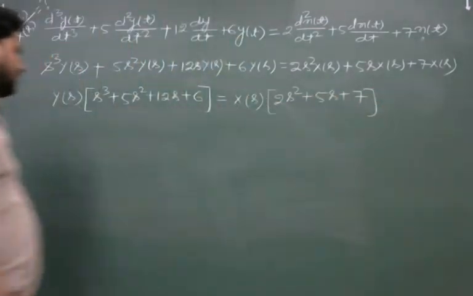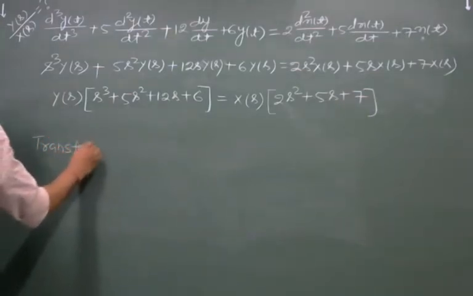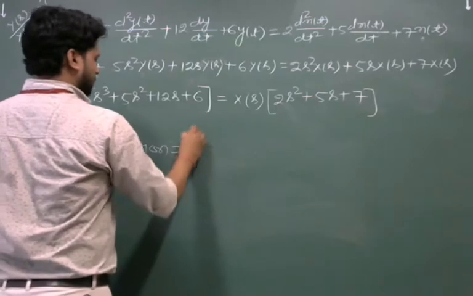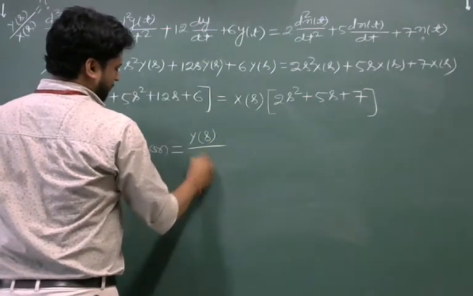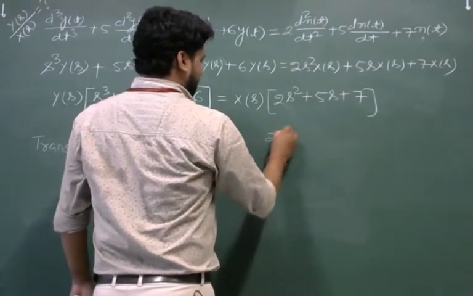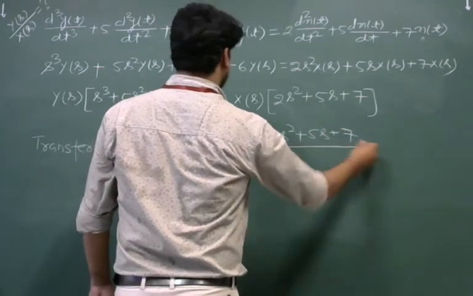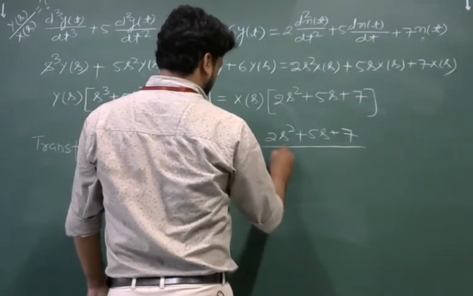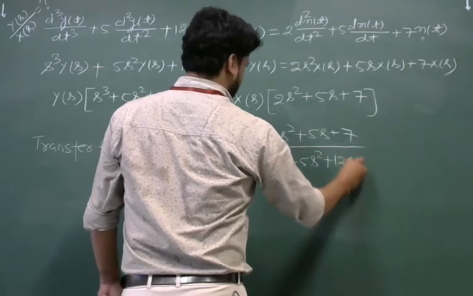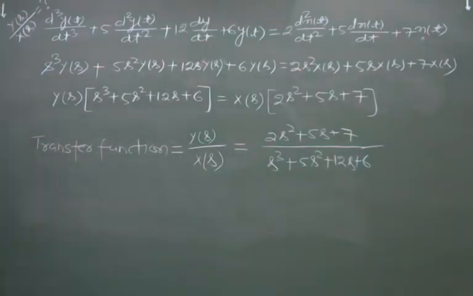So the transfer function of the system, which is equal to the Laplace transform of output upon Laplace transform of input, is equal to 2 s square plus 5 s plus 7 upon s cube plus 5 s square plus 12 s plus 6. This is the transfer function of the given system.